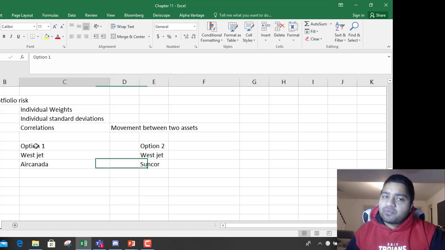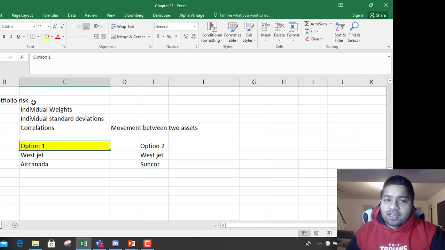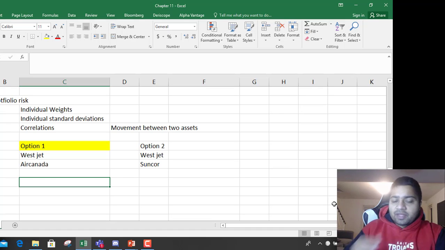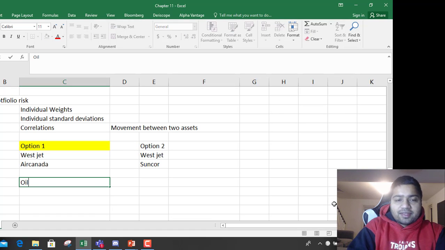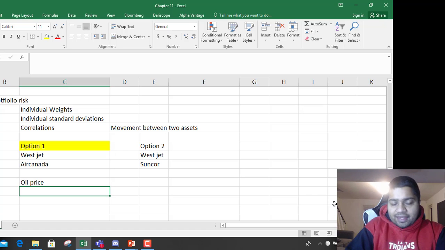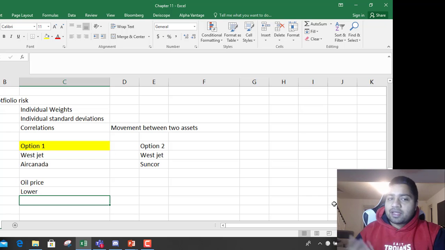If you see option 1, you're creating a portfolio from two similar companies. WestJet is an airline, Air Canada is also an airline. Airlines depend mostly on oil prices. For airlines, lower oil prices are good. If oil prices go up, you will face losses, your profit margins will shrink.